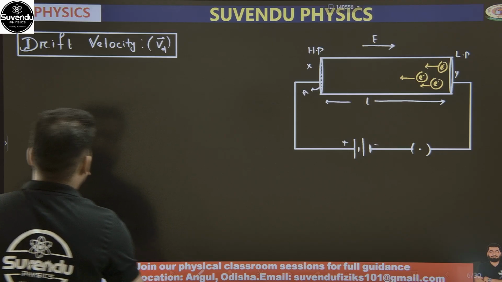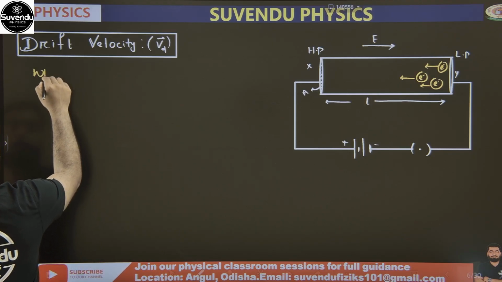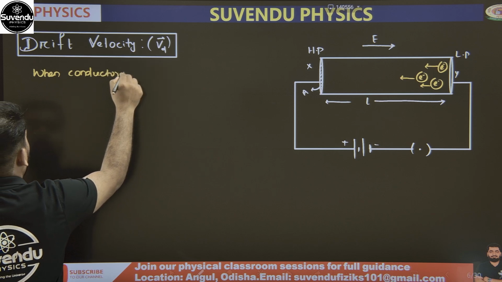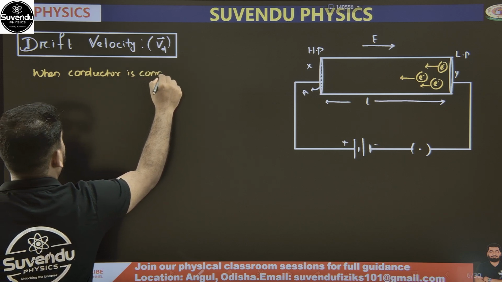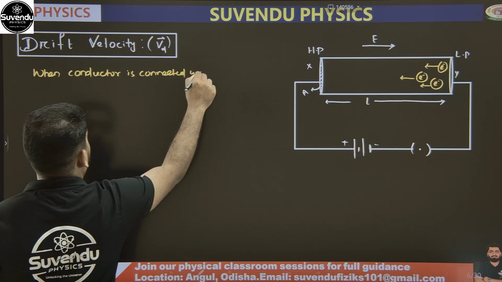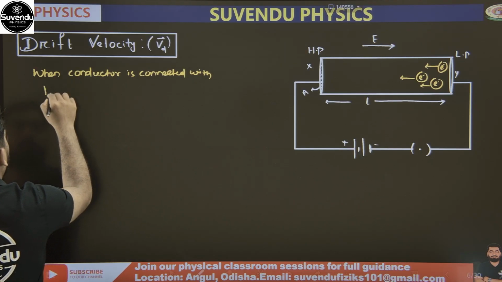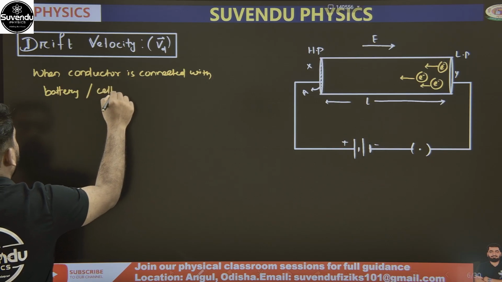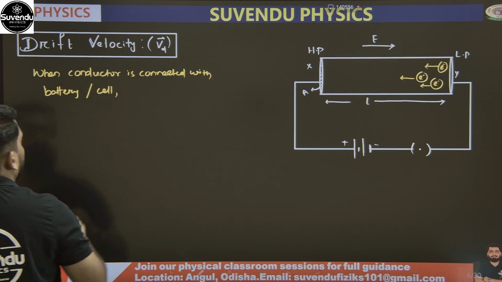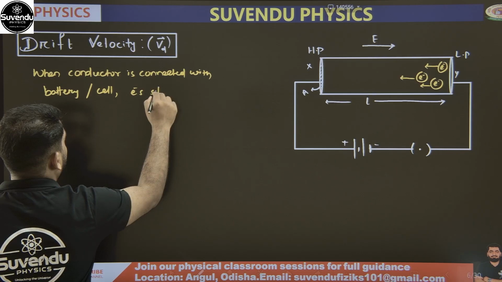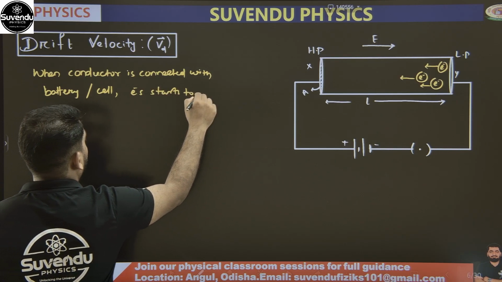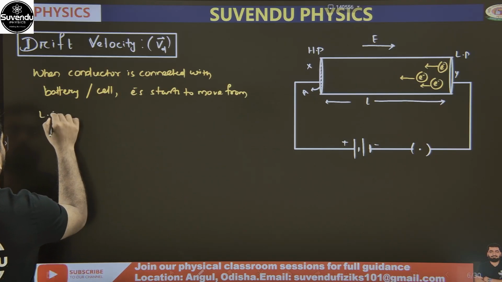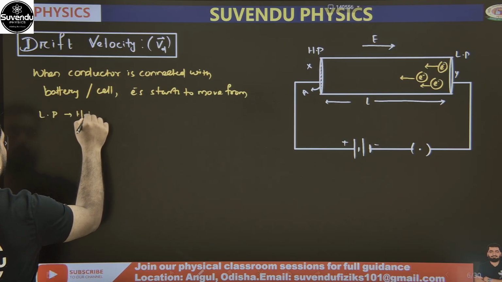We have to write: when a conductor is connected with a battery or cell, electrons start to move from lower potential to higher potential.